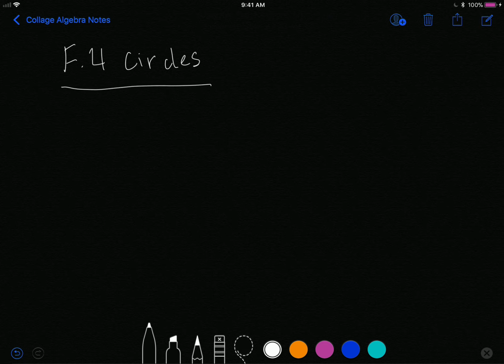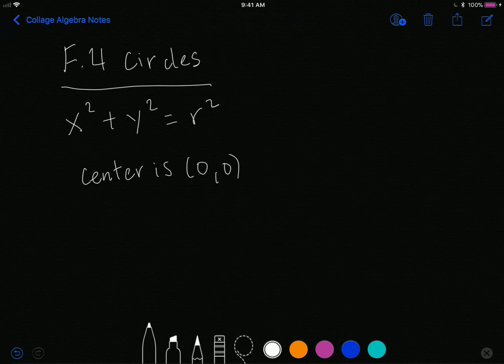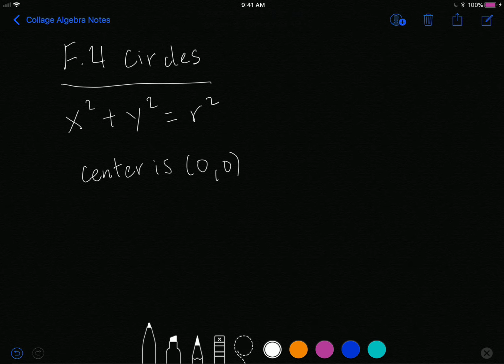First thing that you need to know is that the equation for a general circle is x squared plus y squared equals r squared, where r is the radius. This is for a general circle where the center is at the origin (0, 0), and the radius is just r.